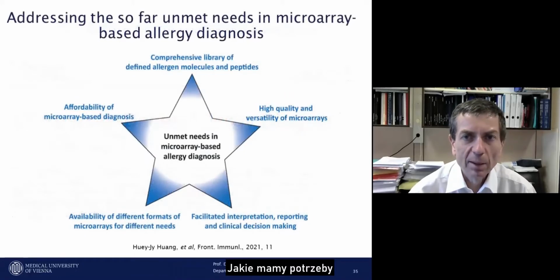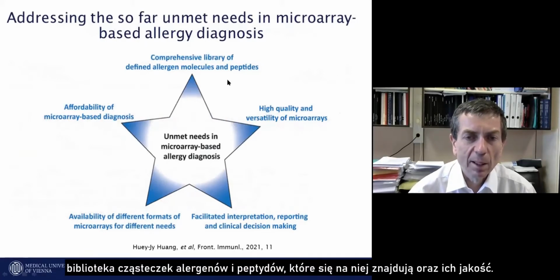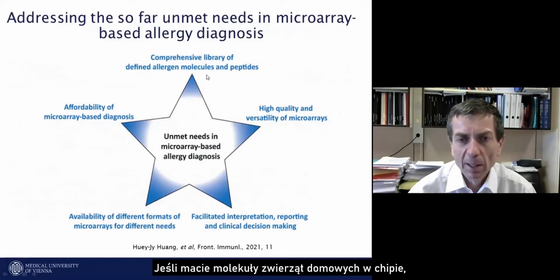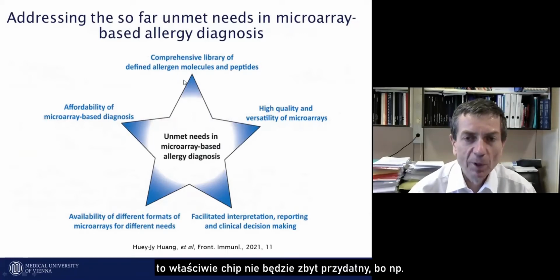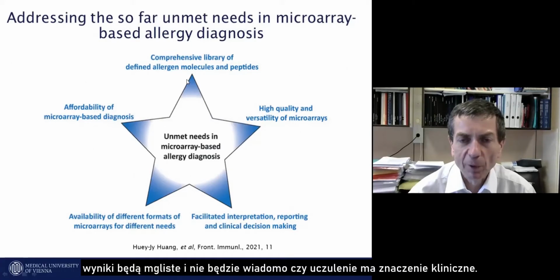Now, what are the needs that we have in microarray-based allergy diagnosis? Well, I think a microarray is only as good as the quality of the library of allergen molecules and peptides that are on it. If you have bad molecules in the chip, the chip will not be very useful because, for example, when you have carbohydrates, you will get a foggy result and you will not know if the sensitization is clinically relevant.